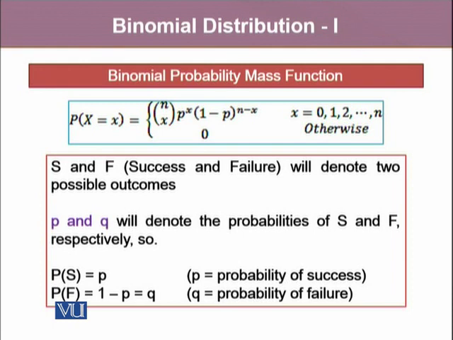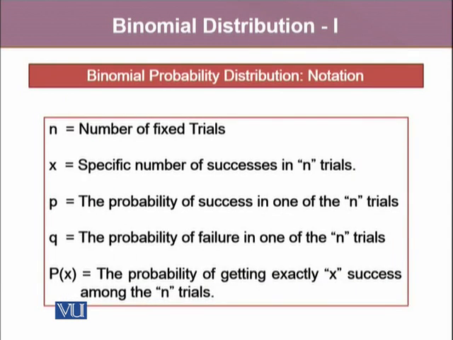So from this probability mass function, you will notice that there are 2 possible outcomes, success and failure, whereas the probability of success is denoted by P and probability of failure is denoted by 1 minus P, which is also denoted by Q.